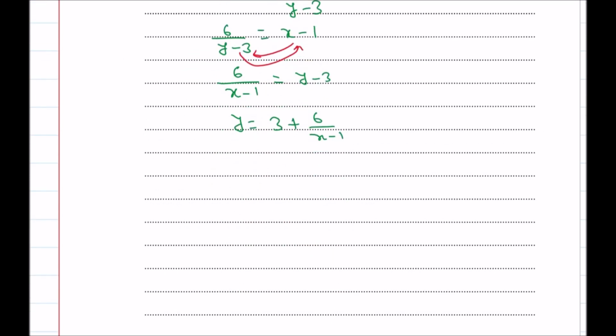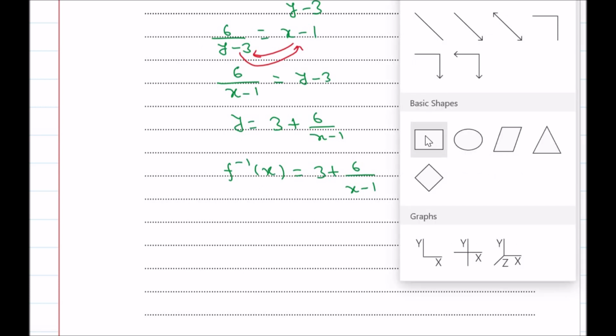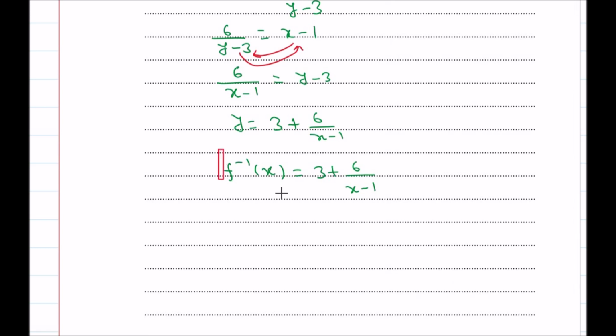We must specify at the end that we are finding f inverse x. So y will be replaced with f inverse x. F inverse x equal to 3 plus 6 by (x minus 1). Let's put it in the box. So this is the answer.